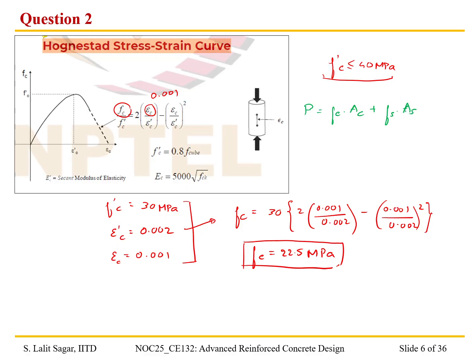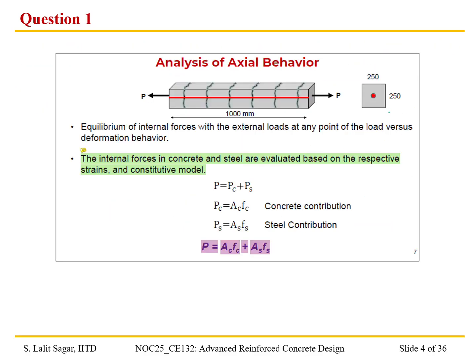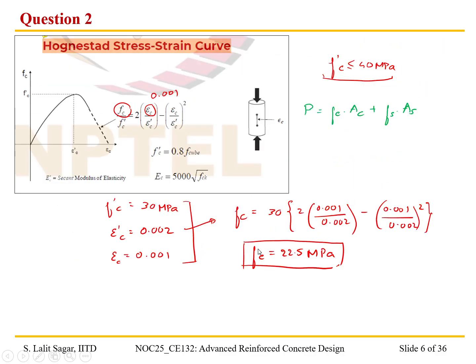We have seen this in the first question already. P is equal to AC into Fc plus As into Fs. Here it's a plain concrete column, so Fs or As is not there.